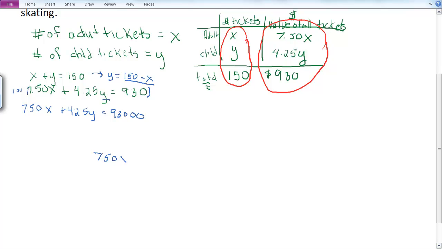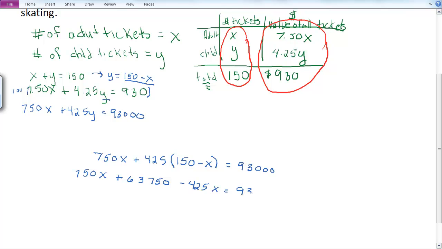So I have 750x plus 425 times, and the value of y here is 150 minus x, and that is equal to 93,000. Okay, and I basically work through this, so we have 750x, and then 425 times 150, 63,750, minus 425x is equal to 93,000.